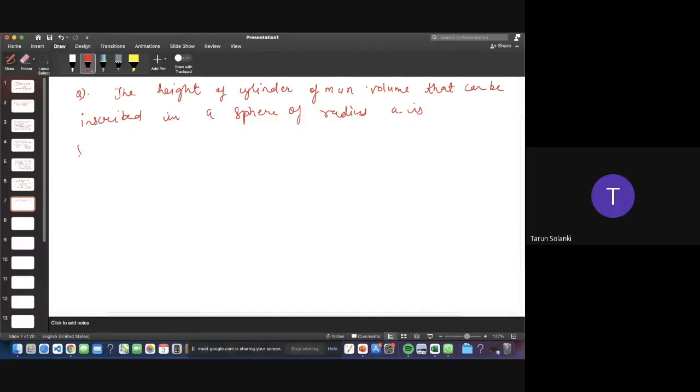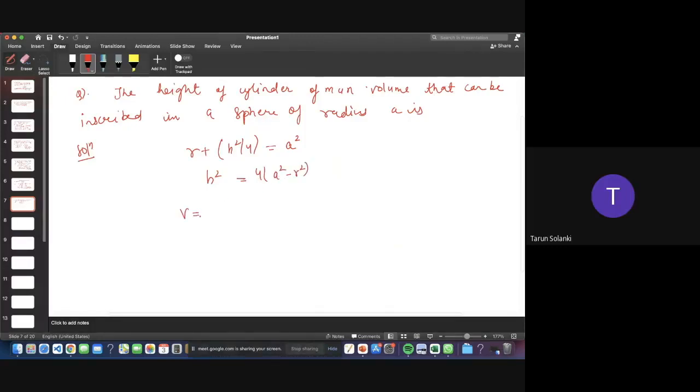Okay, so solving, if r is the radius and h is the height, then from this sphere we can say r² + h²/4 = a². So h² = 4(a² − r²).